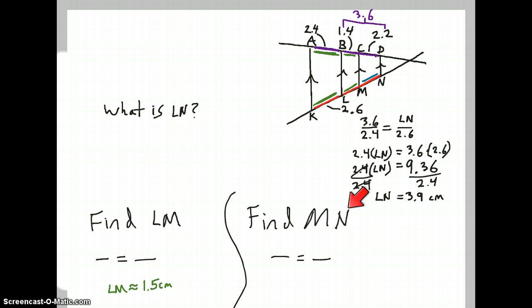So to find MN, we're just going to subtract 3 and 9/10 minus 1 and 5/10, because that will give you MN.